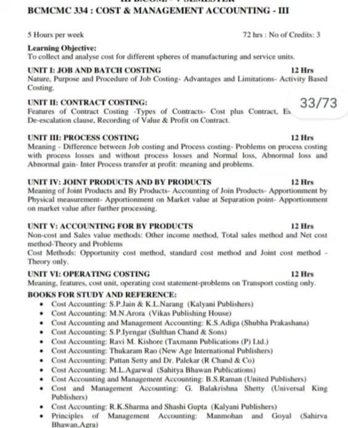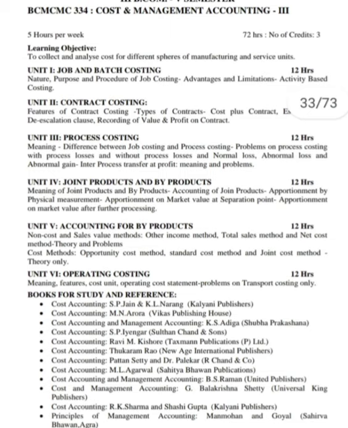Under the unit 3, this is the process costing. Under this, meaning, difference between the job costing and process costing, problems on the process costing, with process losses and without process losses, and normal loss, abnormal loss, and the abnormal gain, and the inter-process transfer at profit.